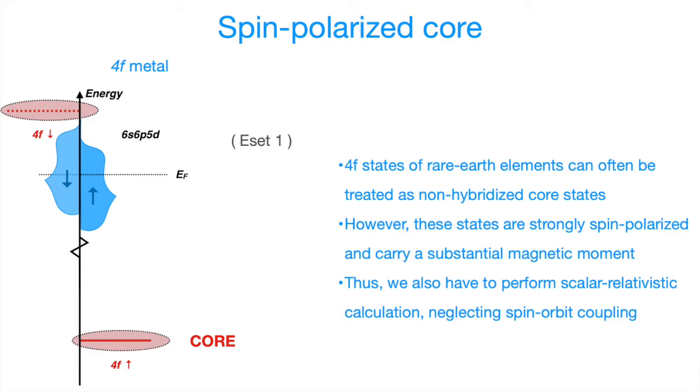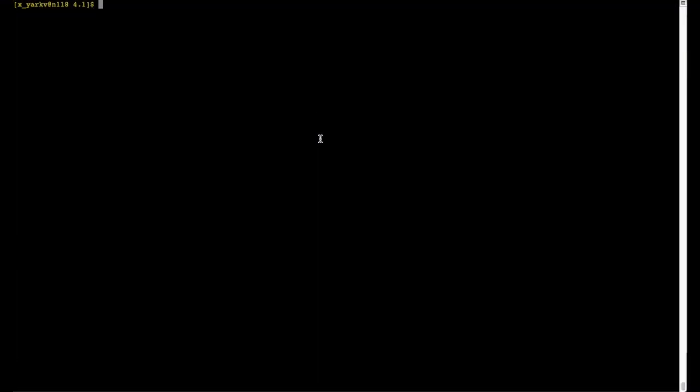be treated as magnetic. So, we don't only have to place them in core, we also have to make sure that they are polarized, meaning that spin is assumed to be a good quantum number, therefore we have to neglect spin-orbit coupling. I have prepared a separate example of gadolinium, which is a classical example of a ferromagnetic lanthanide.